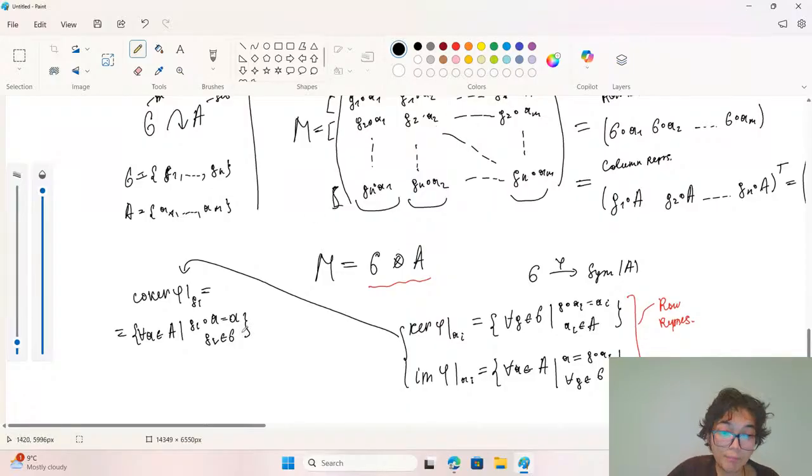And then I had a big problem defining the co-image of phi and g_i.